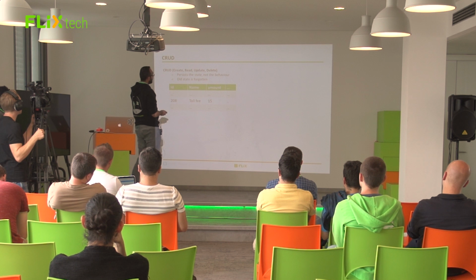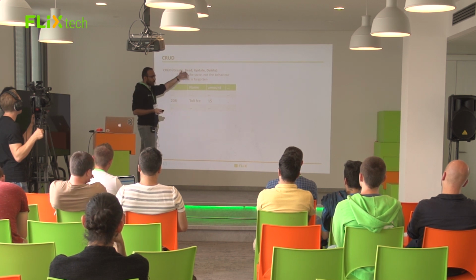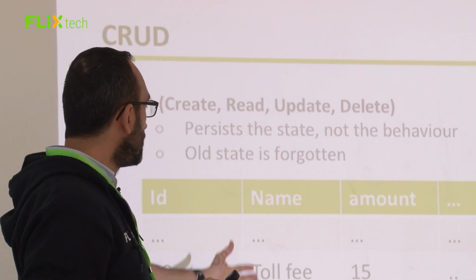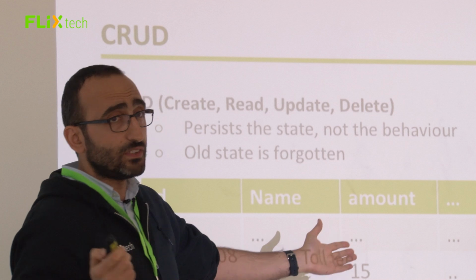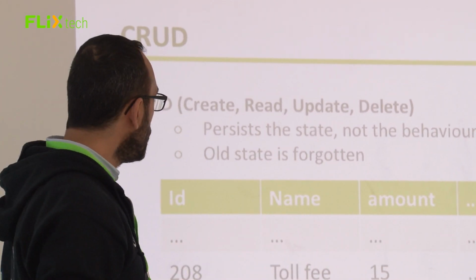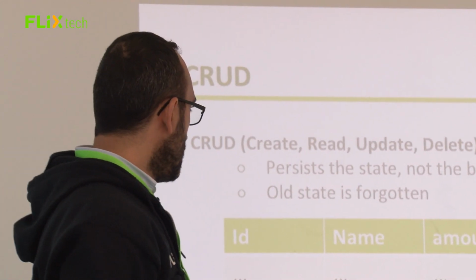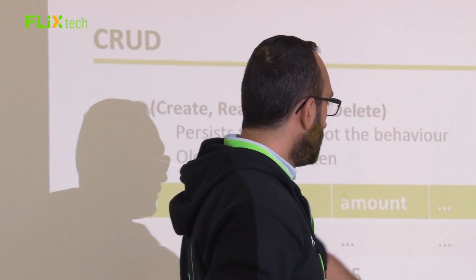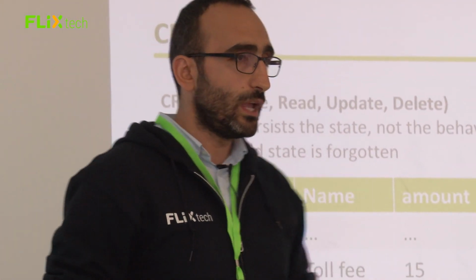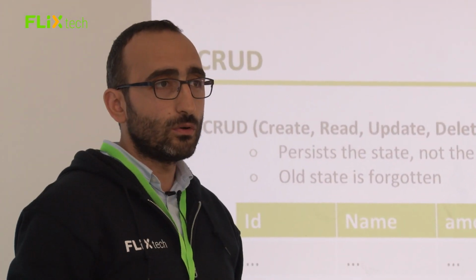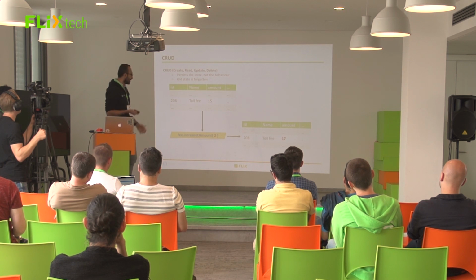For example, if we have a model called fee, it holds information about different fees with their amounts, and we have an instance with the number 15. We want to increase this 15 by 2. In the CRUD model, we just simply persist it with the number 17. So we have no idea it was 15 before, and we have no idea how it increased and how we did the increment.